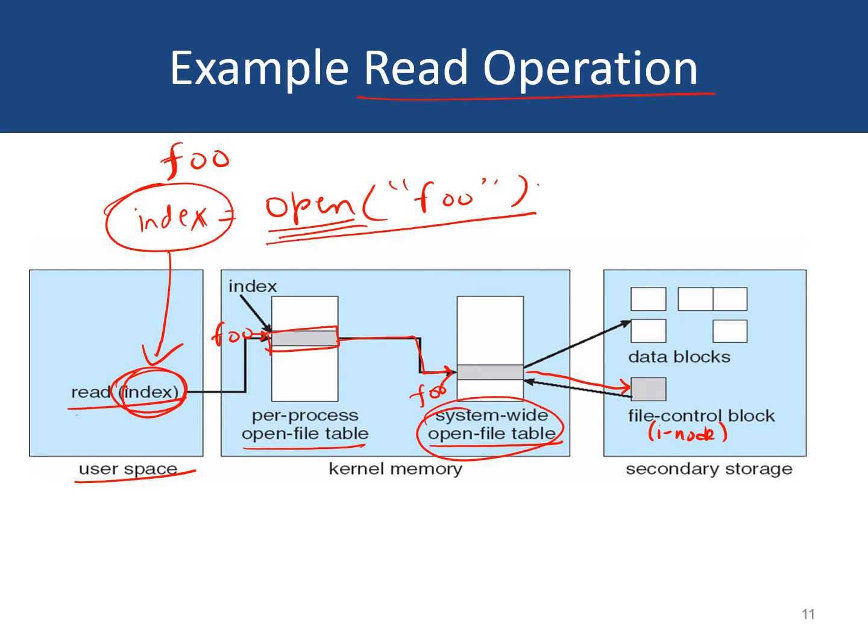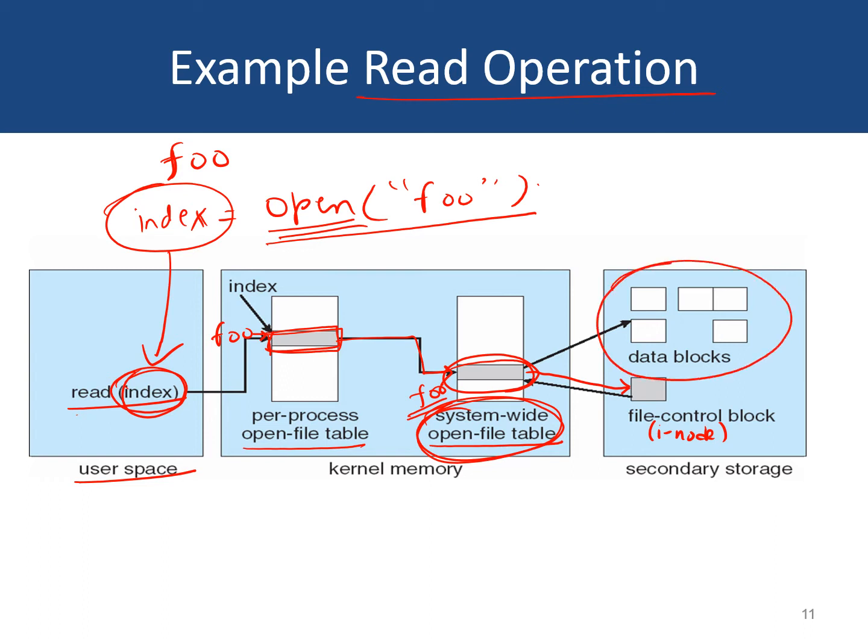So now we will use that pointer stored here to look up the corresponding entry for file foo in the system wide open file table. Now it is from here, from the entry in the system wide open file table for file foo, that we will get the necessary information to access the actual file data that is stored on the hard disk.